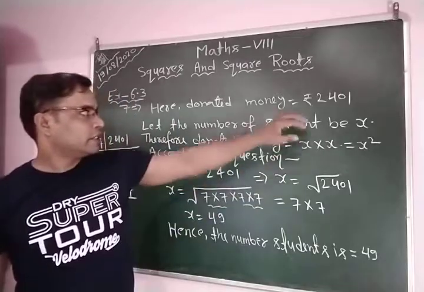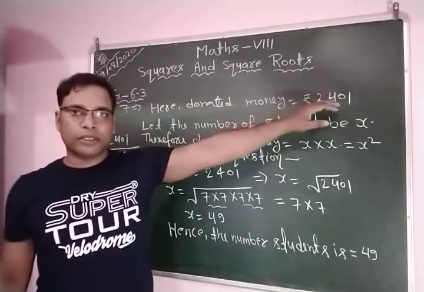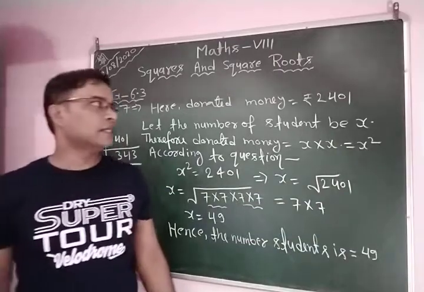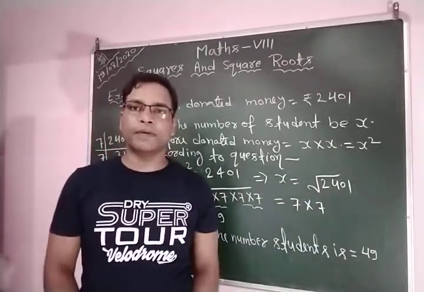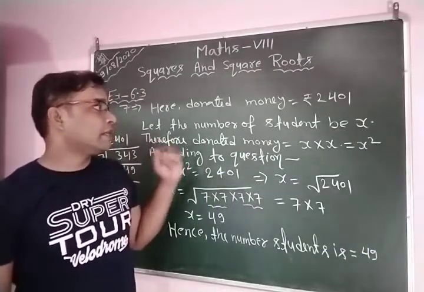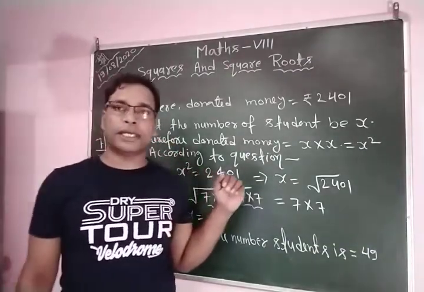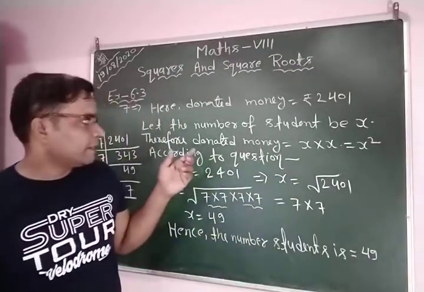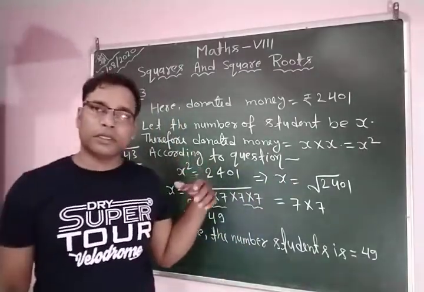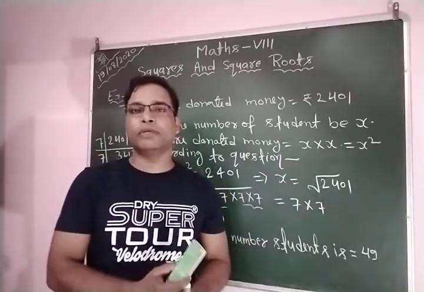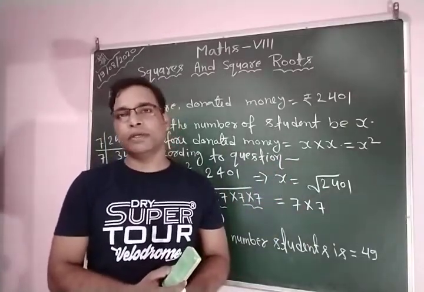So the total amount donated by the students in the class is 2401. We let the number of students in the class be x. So the amount donated by the students in the class is x into x, because each student donated the same amount.